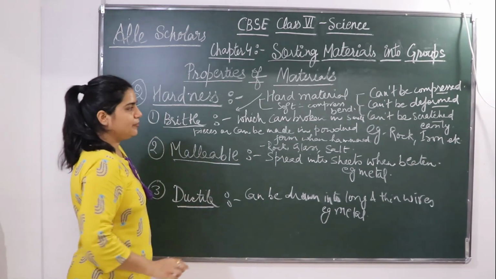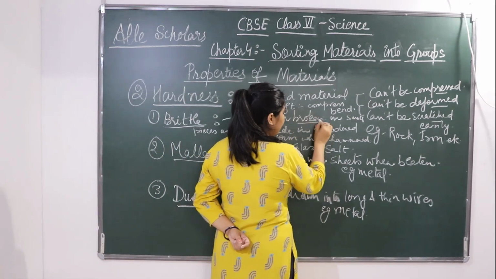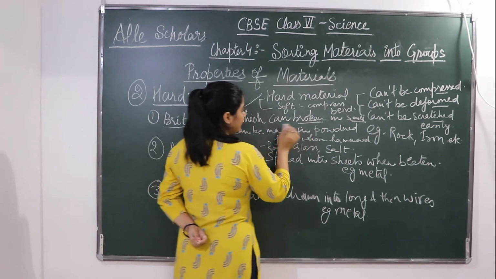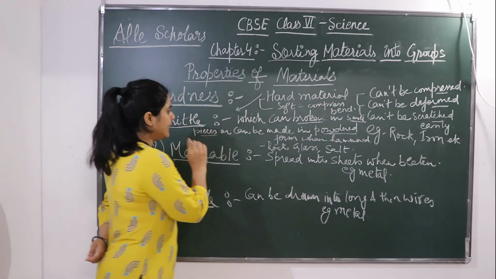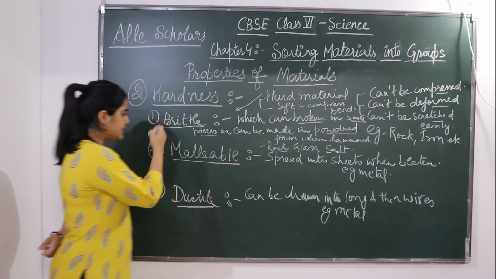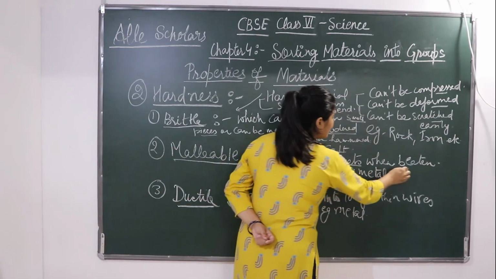If we talk about brittle, it is a material that can be broken into small pieces, or when hammered it can be made into powder form. Examples are rock, glass and soil. Next comes malleable, which can be spread into sheets when beaten.